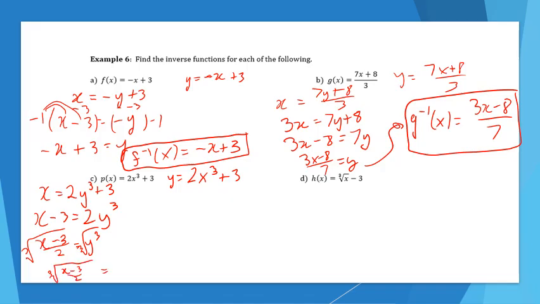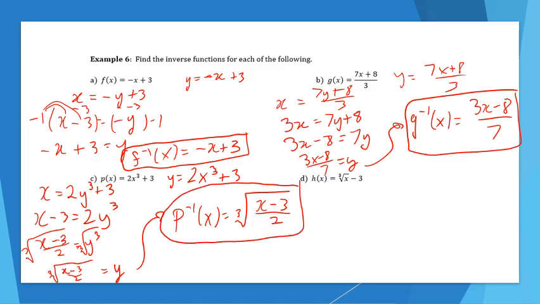X minus 3 over 2 equals y, and then write it with the proper notation. So p inverse of x equals the cube root of x minus 3 over 2, and that should be our answer for part C.